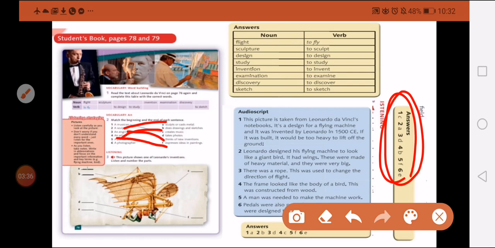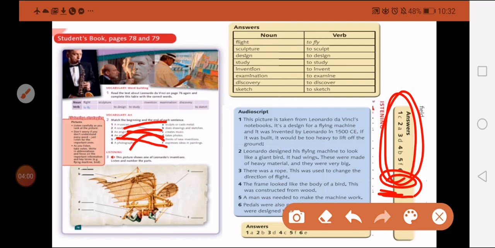And the last one photographer with D not with E. Yes إذا هون مجاوبة خطأ. إذا بين engineer وبين photographer. A photographer takes photos. A photographer takes photos. إذا 6 with what? With D. 6 with D.